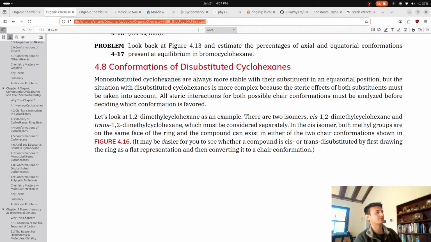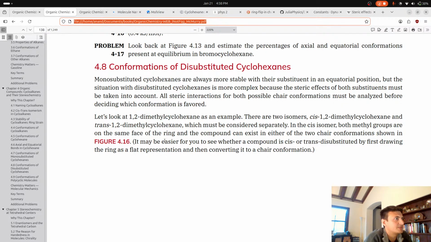All right, this chapter wasn't so bad. Getting into this type of chemistry, it's way, way different. It's like a whole new thing. Monosubstituted cyclohexanes are always more stable with their substituent equatorial.